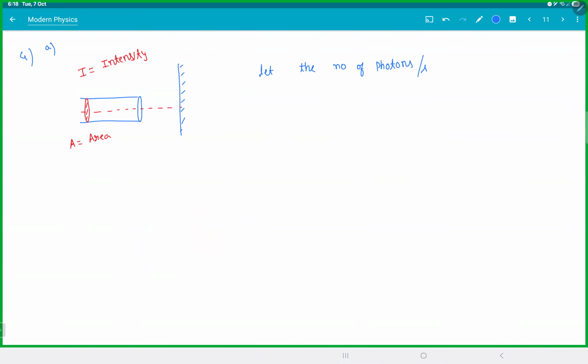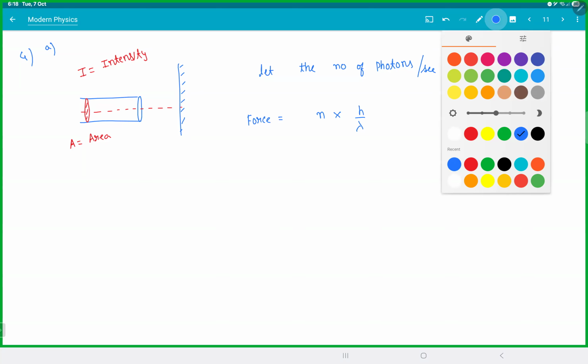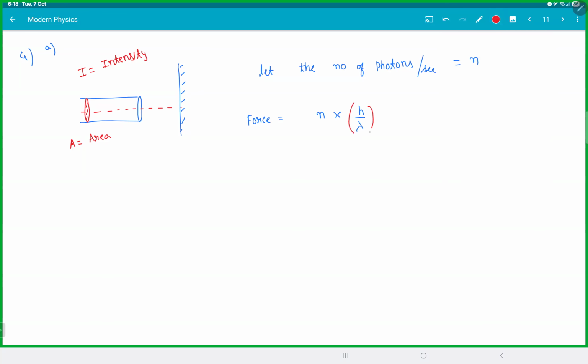Let the number of photons per second hitting the wall be n. Force is nothing but change in momentum by time. So what is the change in momentum here? This is the number of photons per second n into h by lambda. This is the momentum of one photon.